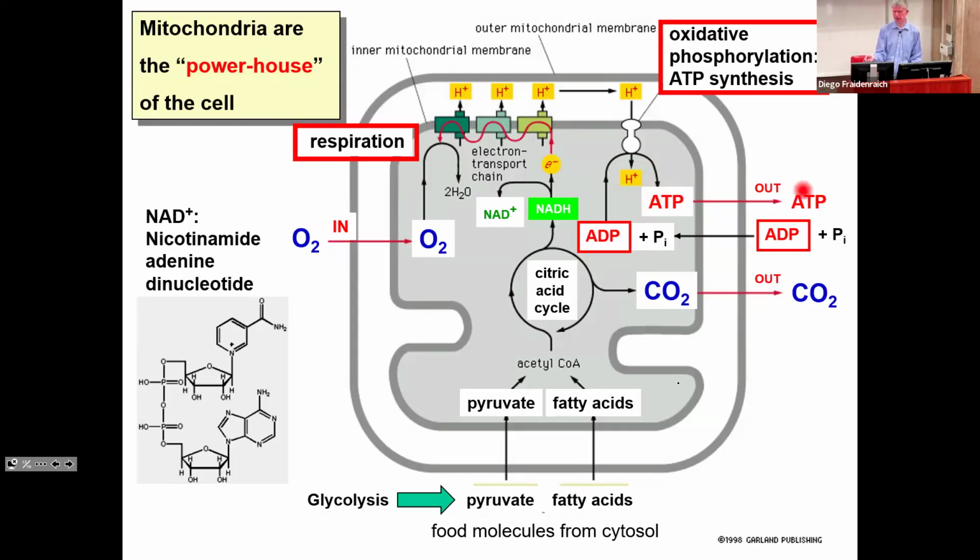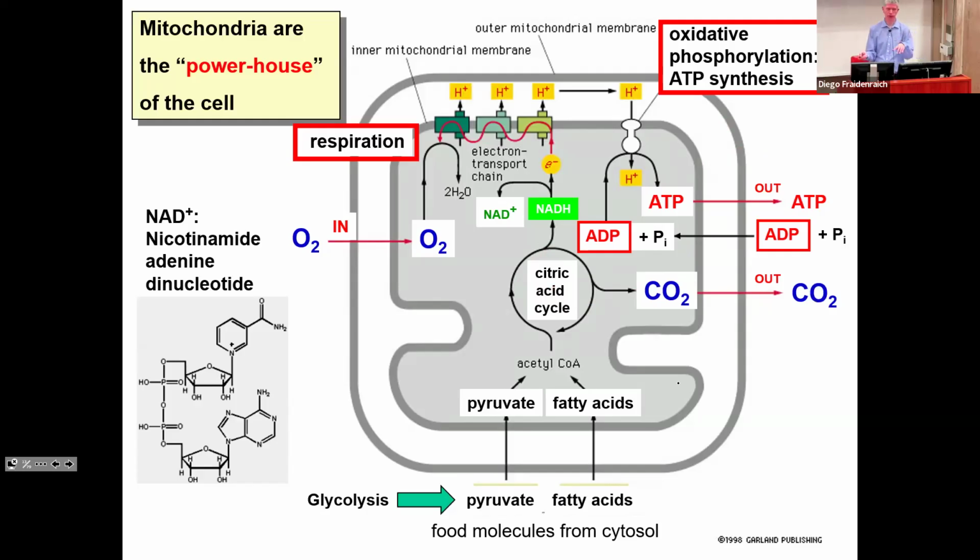This is then released from the mitochondria and needed for energy requiring processes. And third, carbon dioxide will be formed from the citric acid cycle, and this will also be released.